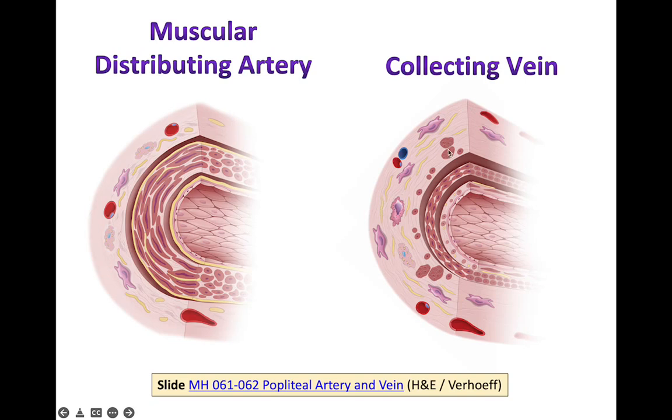There are also a few bundles of longitudinally arranged smooth muscles, but dominantly it's connective tissue. An example of a muscular artery and collecting vein is the popliteal artery and popliteal vein. This artery and vein are found in the lower limb.